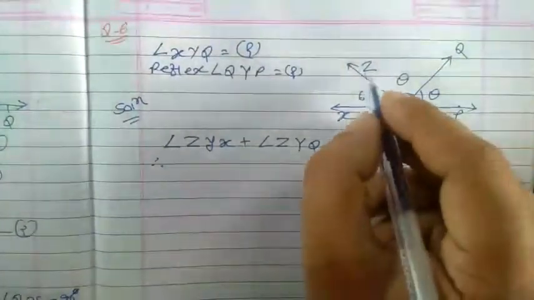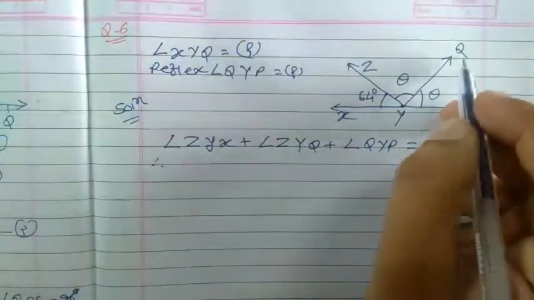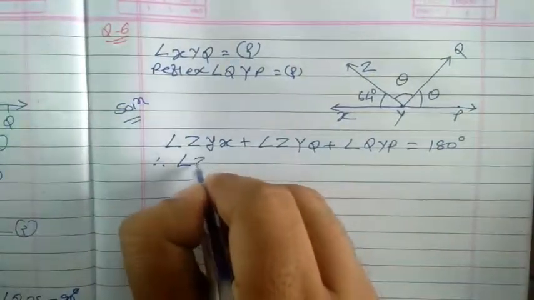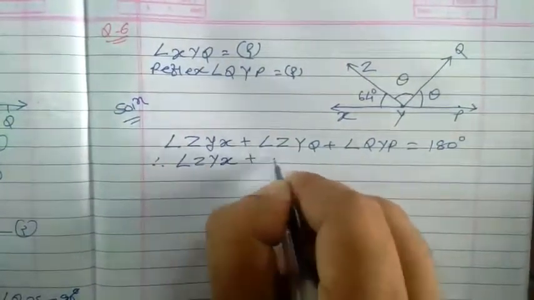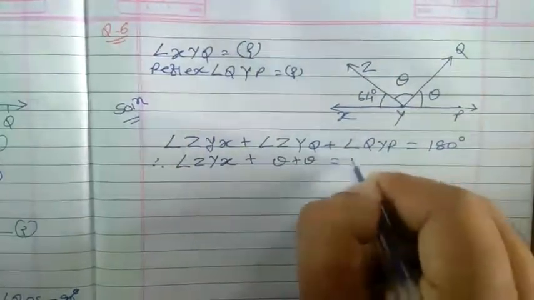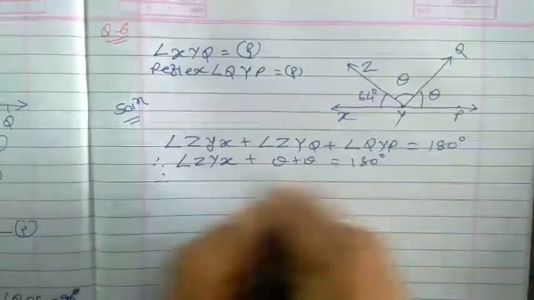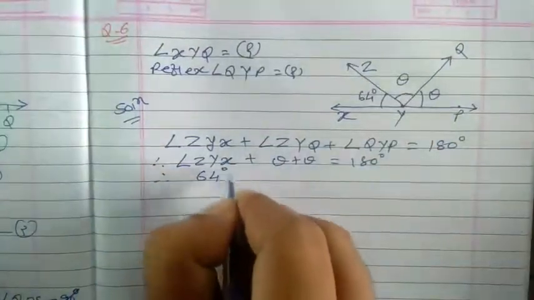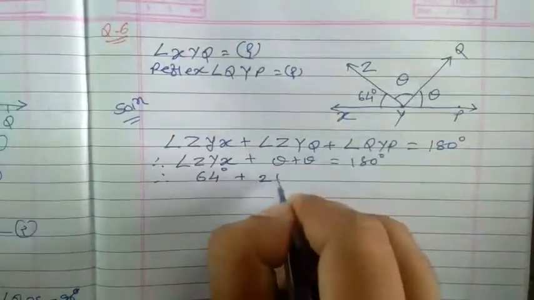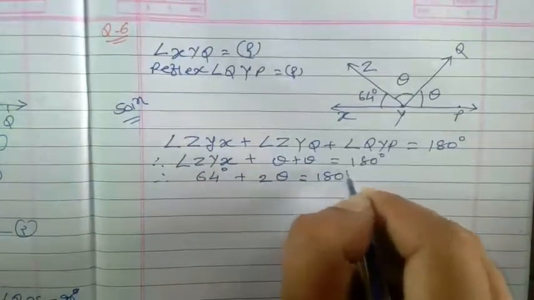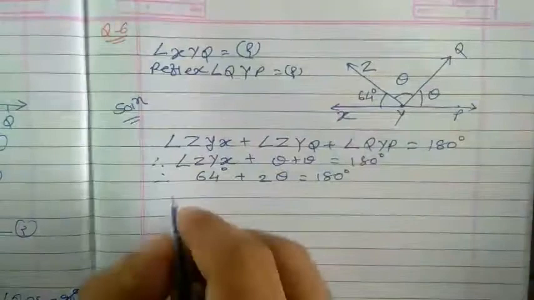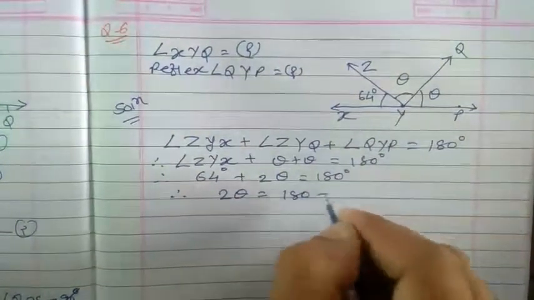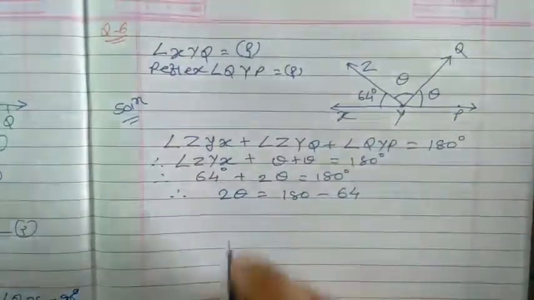But I take here ZYQ and QYP equal to theta. So angle of ZYX plus 2 theta is equal to 180 degrees. But angle of ZYX is equal to 64 degrees plus 2 theta, so 2 theta is equal to 180 minus 64.